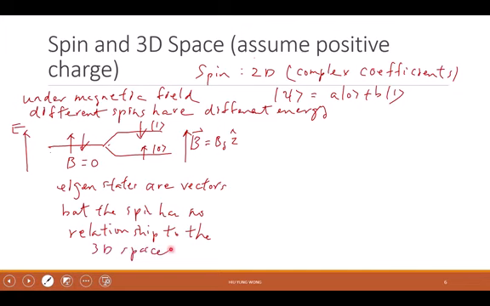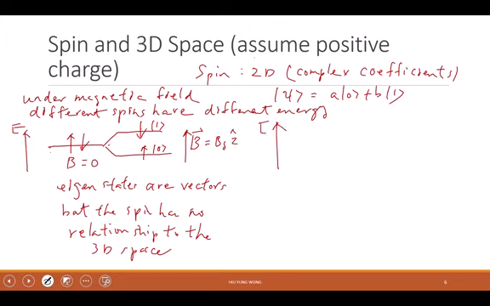I try to emphasize this: spin is not really saying that I have a spin pointing up. It's just that the spin states create a magnetic moment that is pointing up. It is not really a 3D vector. So as a result, we call it sigma z. It's just because these are the two possible states you can find when the magnetic field is in the z direction.